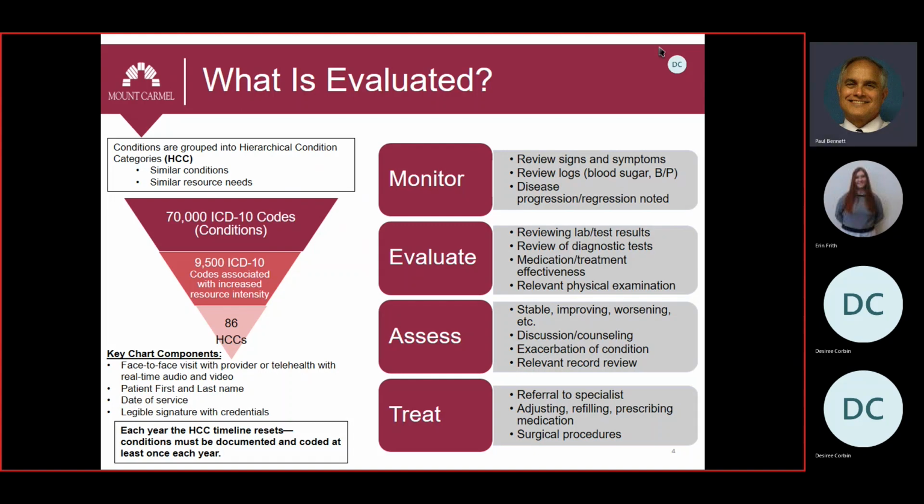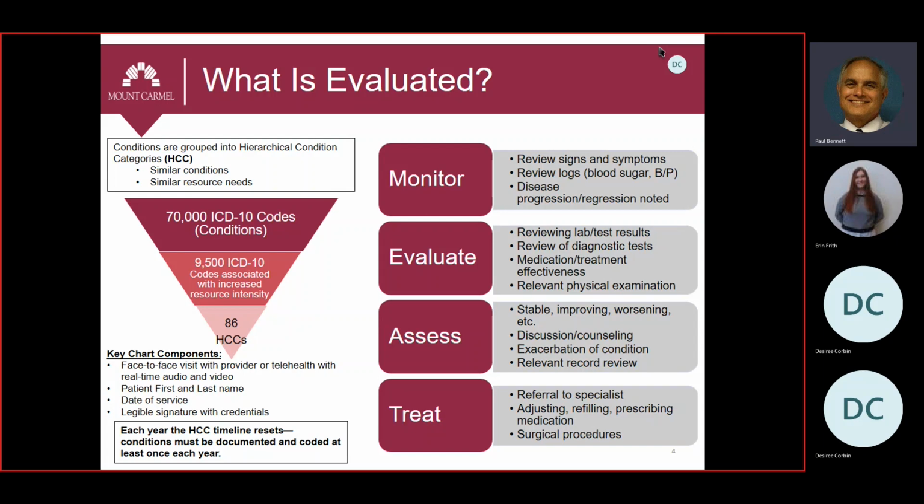There are 70,000 diagnosis codes in ICD-10. Every year, each code is evaluated using CMS data to determine which codes utilize more resources. Once that is done, the data is normalized so that the average Medicare Advantage patient has a risk score of 1. Around 9,500 diagnosis codes are determined to affect risk, and they each map to what is called a hierarchical condition category, or an HCC.